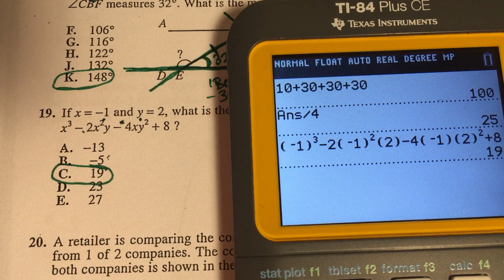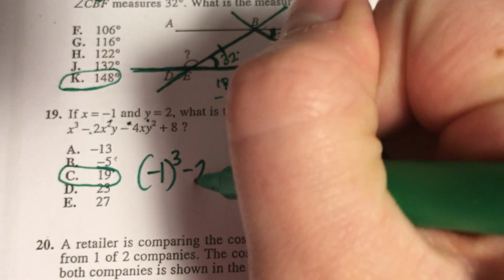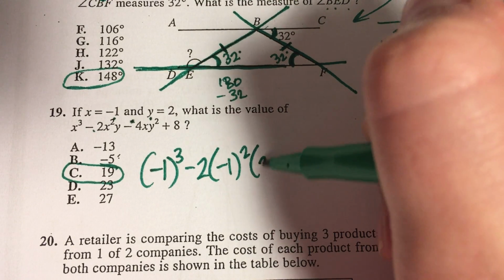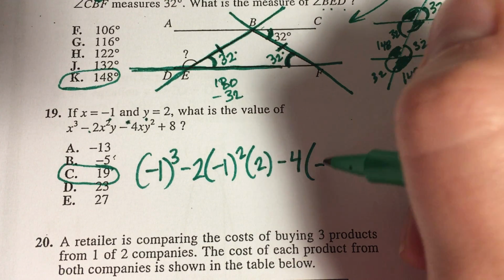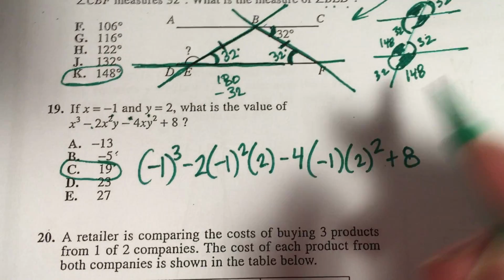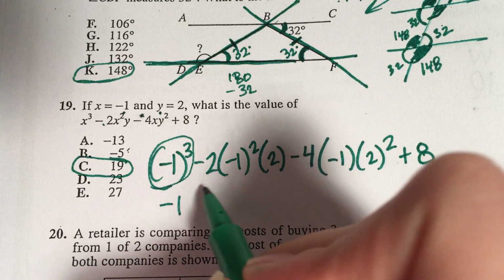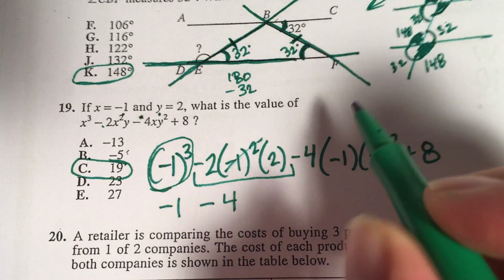If you were not feeling confident doing that, you could, as always, plug in like this, 2 times -1 squared times 2 minus 4 times x, which is -1, times y, which is 2 squared, plus 8. And you could do these things separately. So do this one in your calculator, you get -1. Do this in your calculator, you get -4.